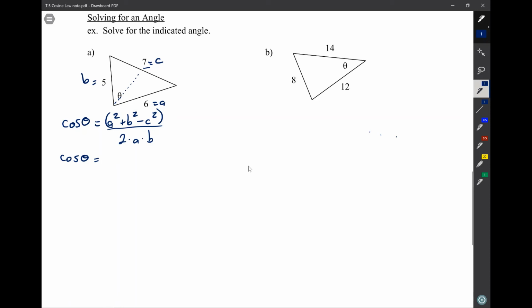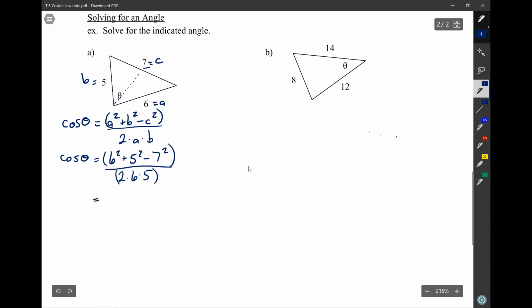But I do know what a is, and that is 6. So 6 squared plus, and I know what b is, that's 5, so 5 squared minus, I'm just substituting in my known values here, 7 squared, all divided by 2 times 6 times 5. And I can put that in brackets there as well if I'd like.